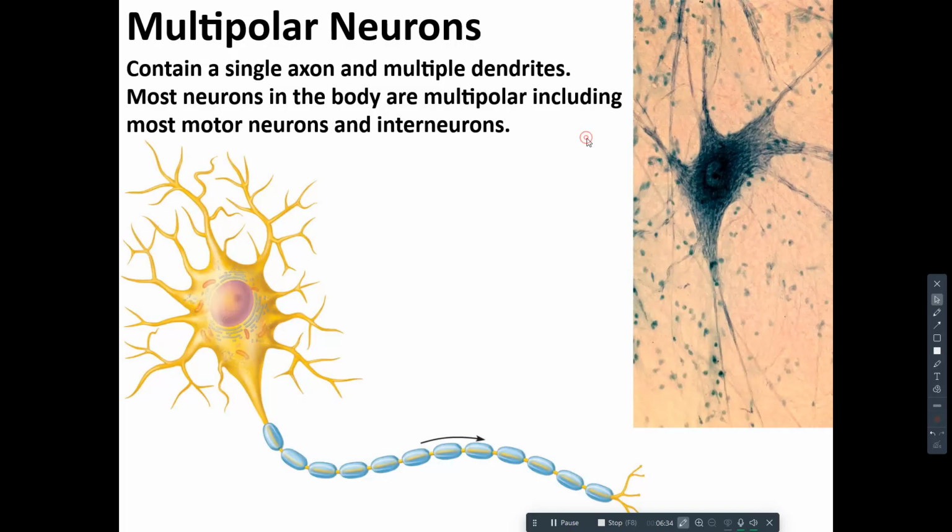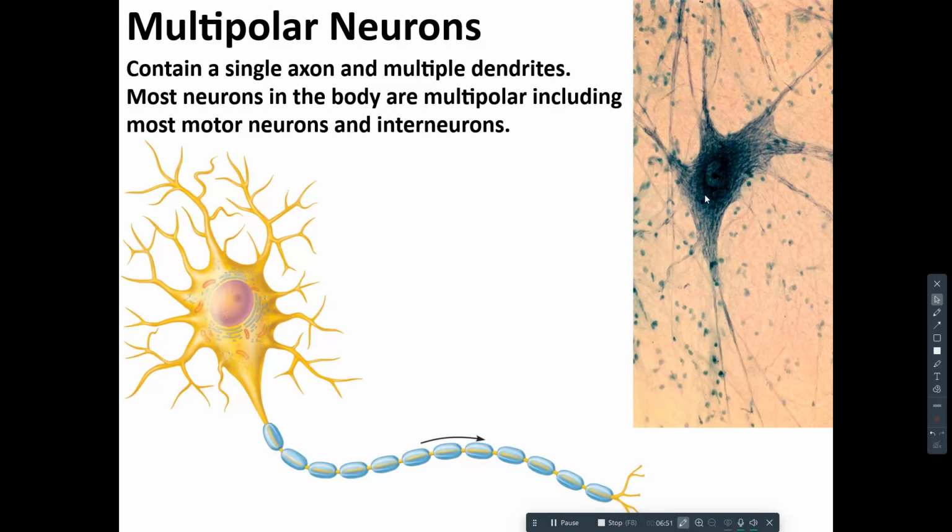Let's talk about all 3 of these. Multipolar neurons are going to have 1 axon and multiple dendrites. We've been looking at multipolar neurons so far. This is a multipolar neuron over here.